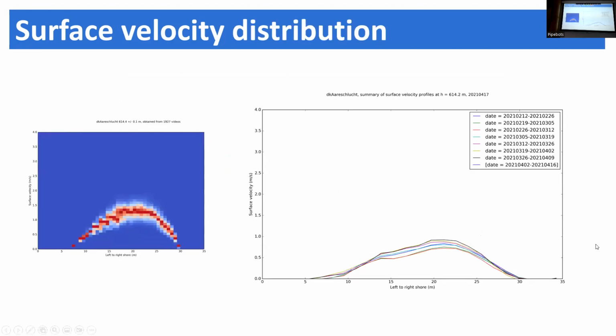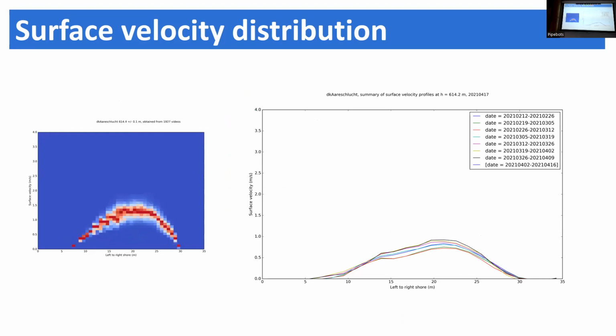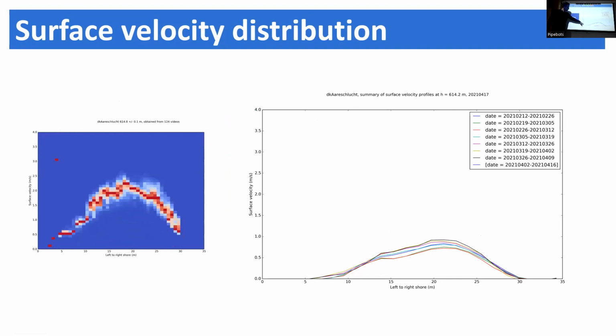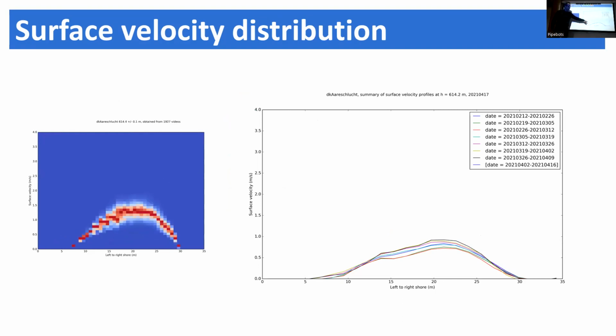And as we know, and actually it was quite interesting, we have had several talks in this workshop about how what we can see on the surface reflects what we have at the bottom. So here is another station that we run continuously. And this is the surface velocity distribution at the same level at different times.